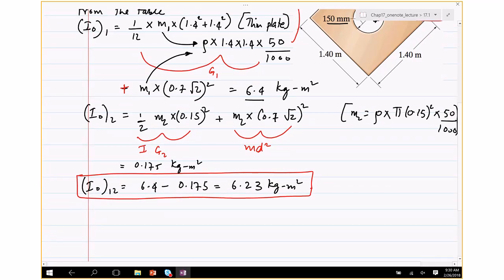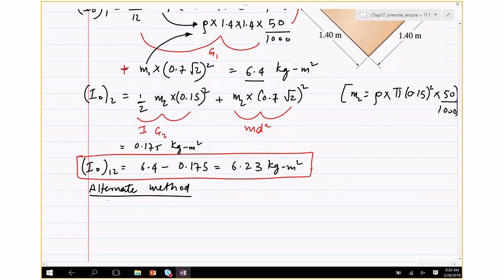Okay, there is actually another way to do this problem, and I will set up the problem, but I want you to do it later on yourself and see if you get the same answer. The alternate method is as follows.